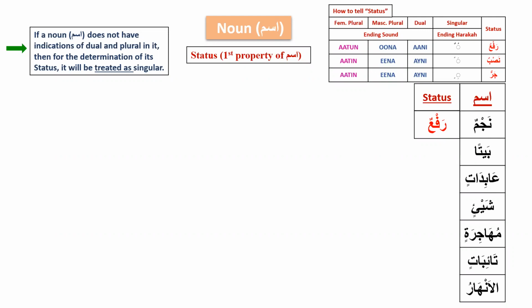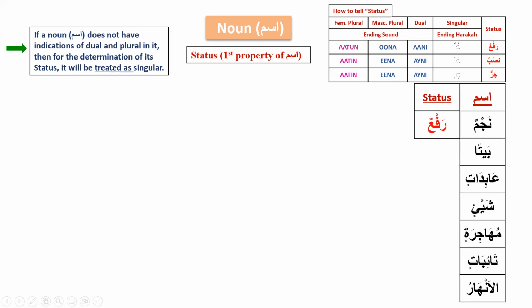If we see them, we apply its rules. If we don't see them, then we apply the rules of singular. So if there are no signs of dual, masculine plural, or feminine plural, we treat the word as singular, even if it is not.